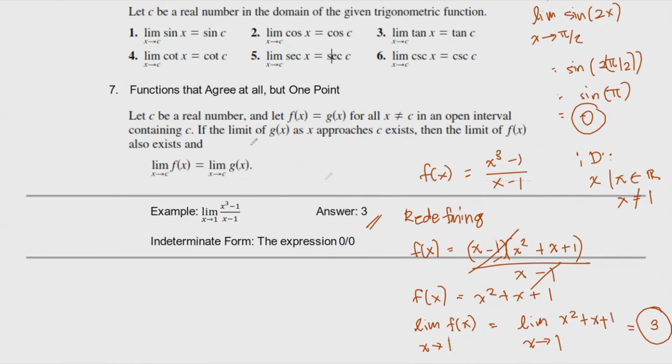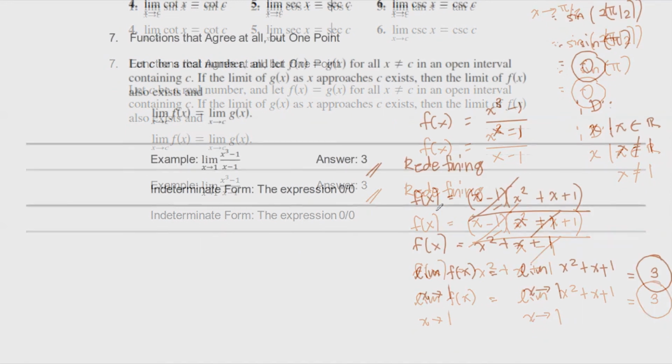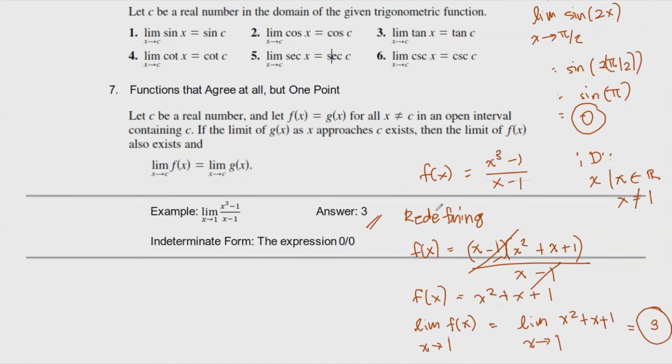Now what we did is redefine the equation. So in cases where you get indeterminate forms, don't stop by simply saying that the limit does not exist, but try to redefine the equation if it is possible. But if it is not, then you can just say that the limit does not exist.